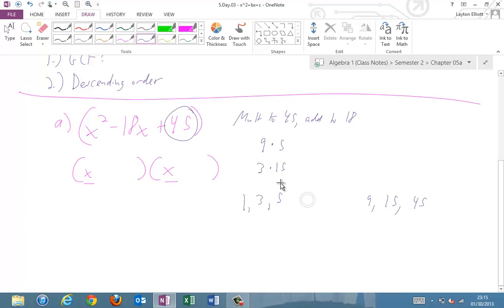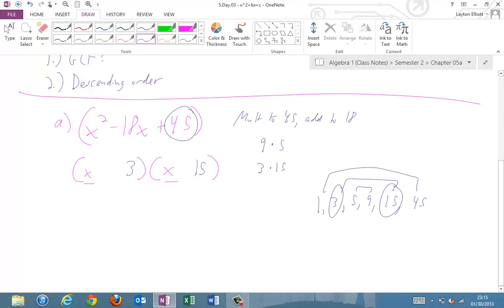And we reach 9. So if I kind of put these together now, these are all the possible factors of 45, and they're paired like this. So we're just going to look to see which ones of those would add up to 18. And in fact, the 3 and the 15 do add up to 18. So we have 3 here and 15 here. Now, the signs.